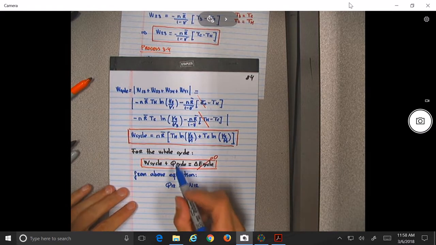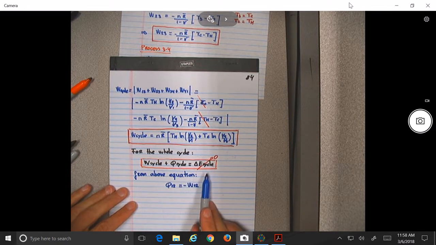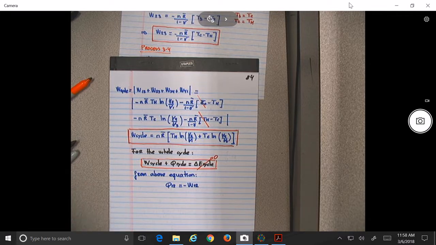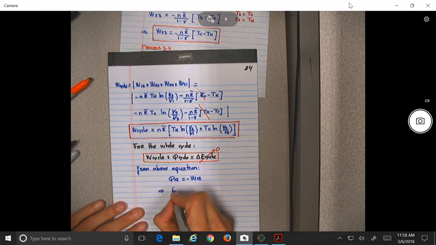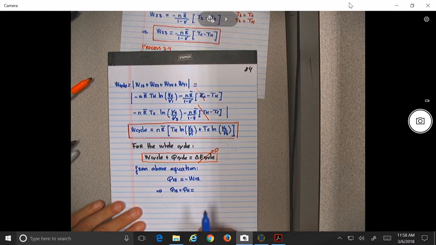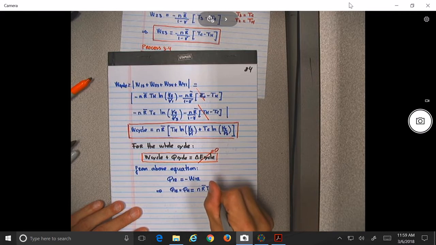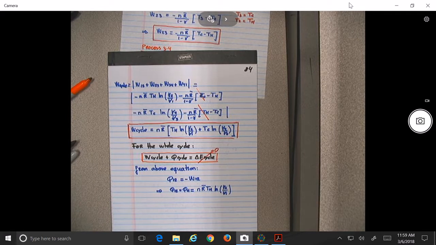Basically work 12 plus Q12 will be equal to 0, no? It's not really 0 because it's just Q12, but let's think about the overall. So what was work 12? Q12 we say is Q hot. What do we have for work 12? We had minus N R, so it will be N R T hot log V2 over V1.